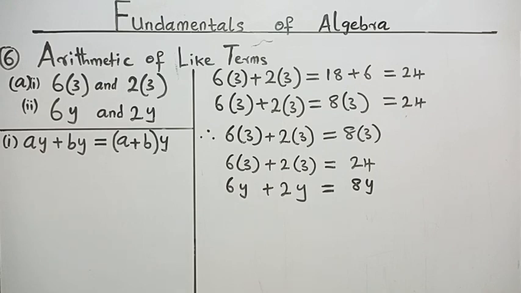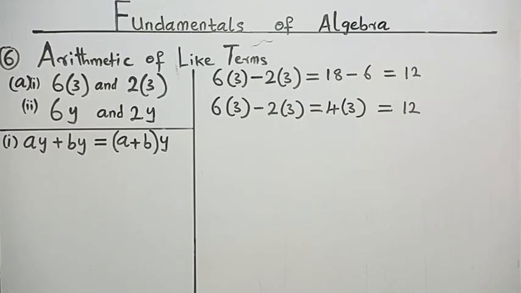Let us now turn to subtraction of like terms. And here it comes. What is now going on is a subtraction between 6 bracket 3 and 2 bracket 3. We now have 6 bracket 3 minus 2 bracket 3. Let us first get the answer using a default method.